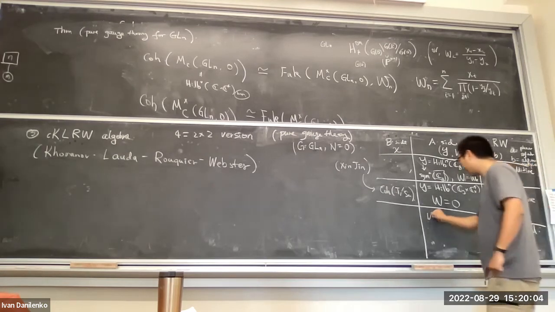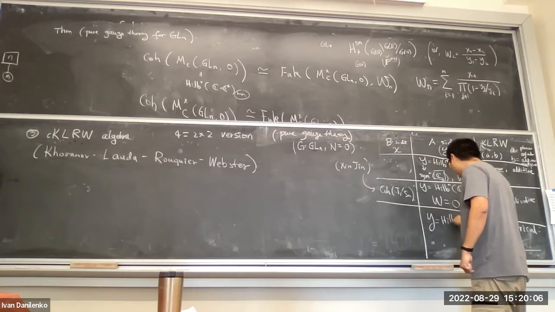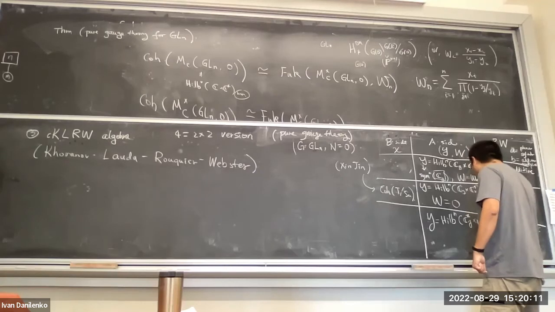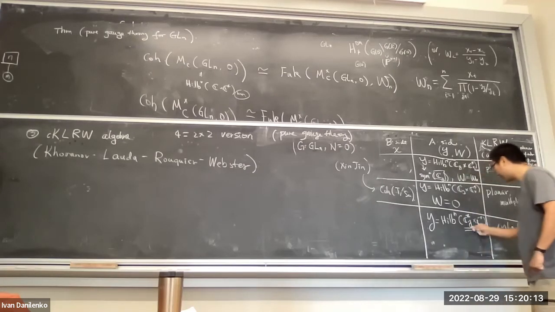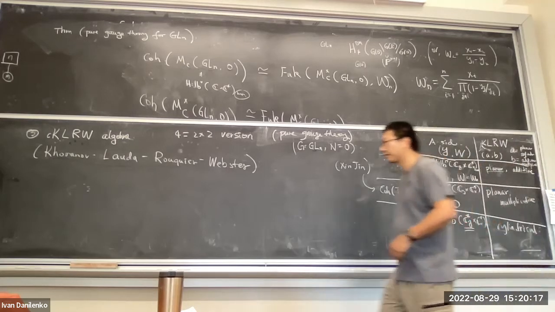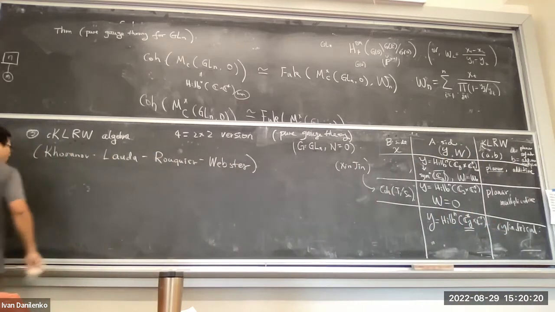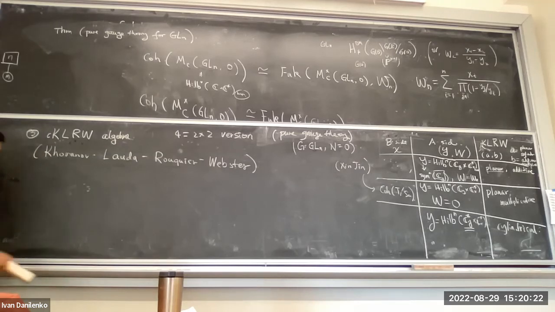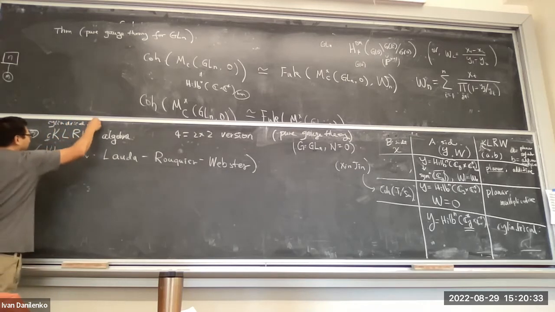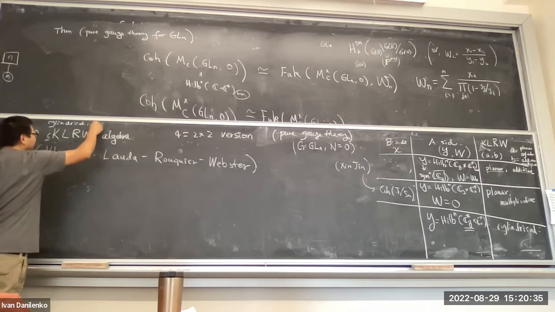It just means I put my Y as C star, and this part changes. So the fiber over it is my power of the system. This cKLRW is going to be symmetrical and planar. And here is the place where you do want to fill in the B side.